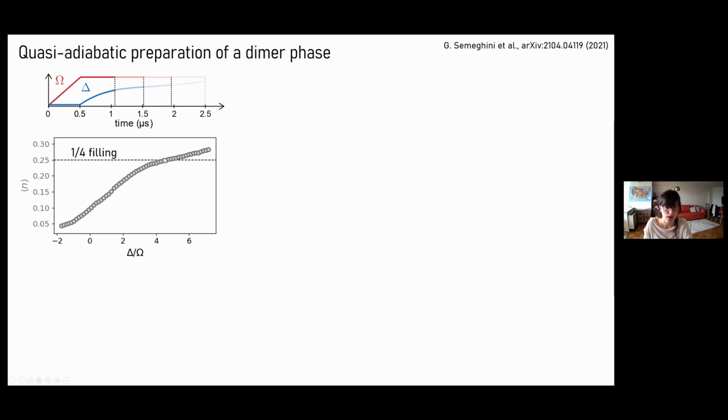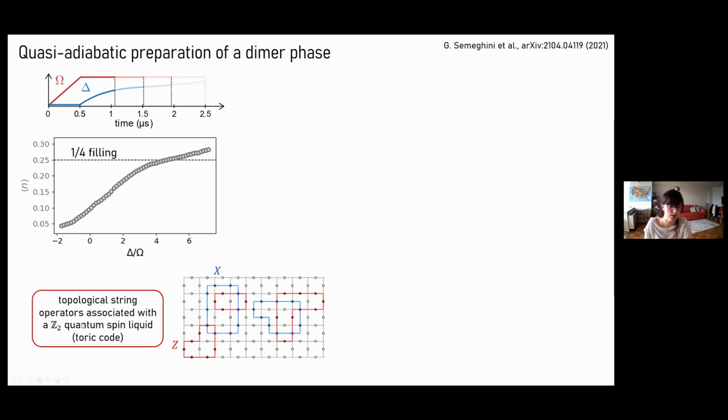So how can we characterize this state? How do we know if what we have here is indeed a quantum spin liquid? The thing about these topological phases is that they cannot be simply probed using local observables. So we need to introduce topological string operators that allow us to probe many-body correlations between the atoms over large distances.